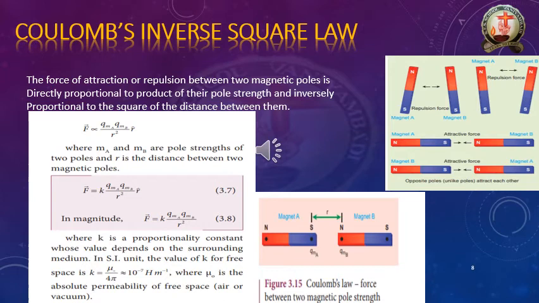First figure, repulsive force. In this figure there are two magnets, magnet A and magnet B. In between the two south poles, some repulsive force is acting. In the second figure also, between magnet A and magnet B, between the two north poles, some repulsion force is acting. And in the third one, magnet A and magnet B are placed with opposite poles, that means the south pole and north pole are kept nearer.